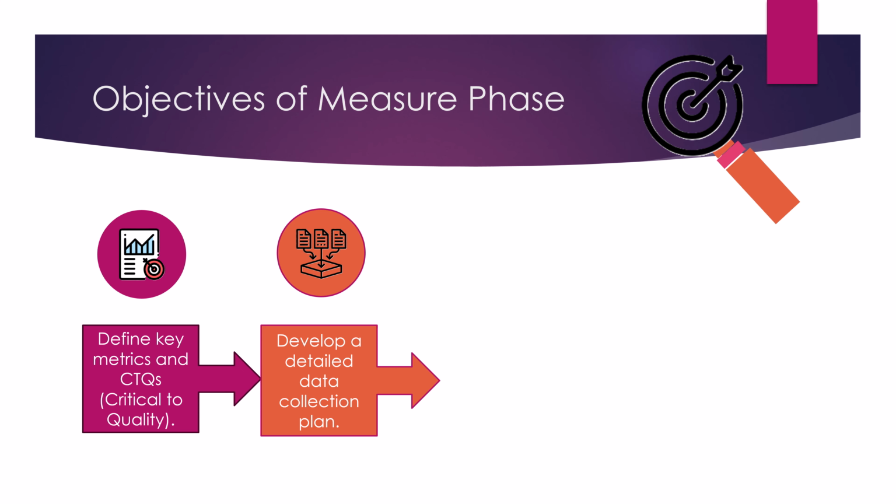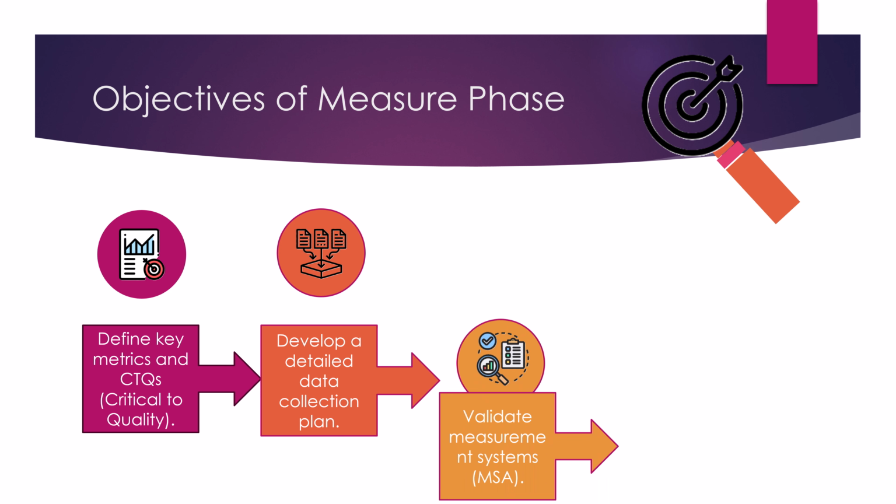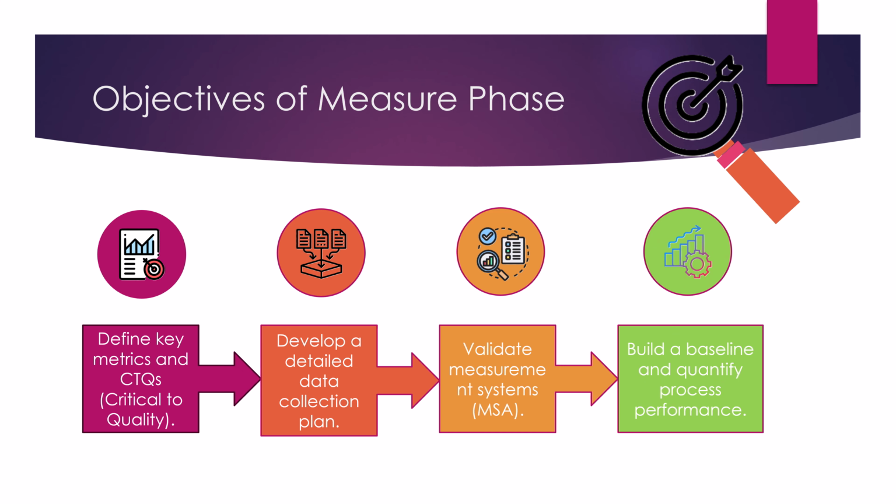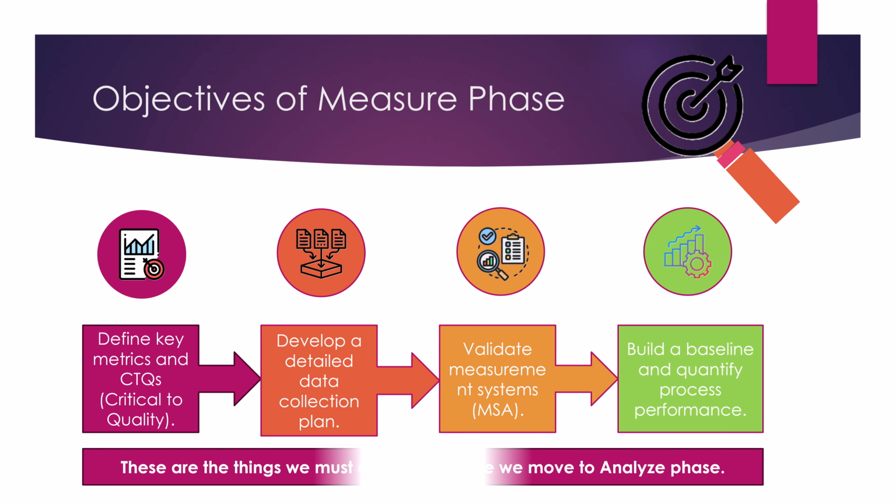Next, we build a solid data collection plan, identifying who collects the data, what needs to be measured, where and when it's captured, and how it's done. Then, we validate our measurement systems to ensure both tools and people deliver accurate, consistent results. Finally, we establish a performance baseline by calculating DPMO, sigma level, mean, and variation.